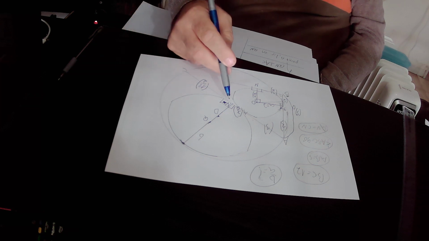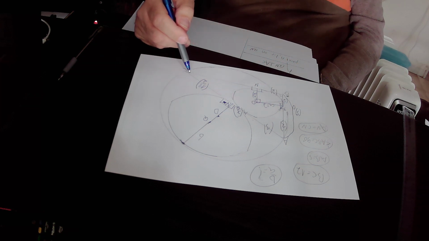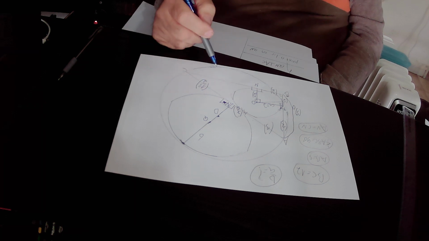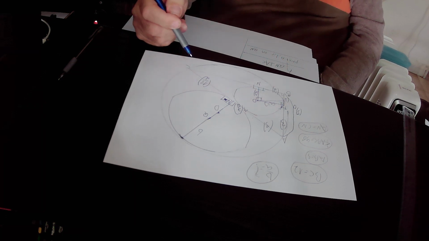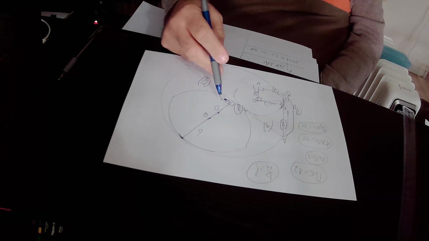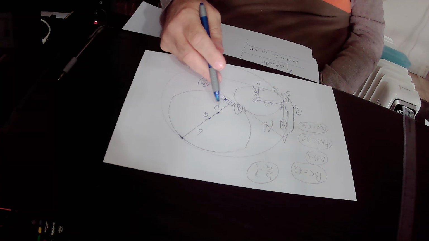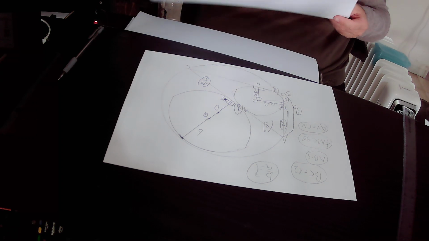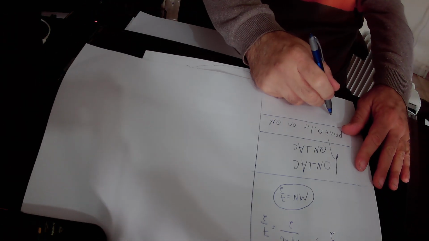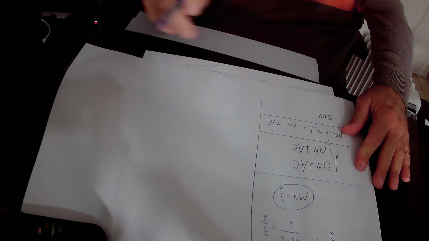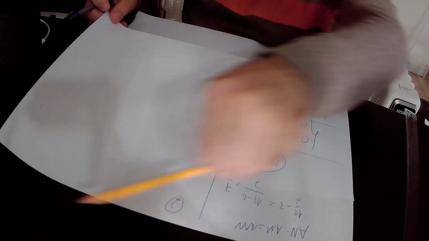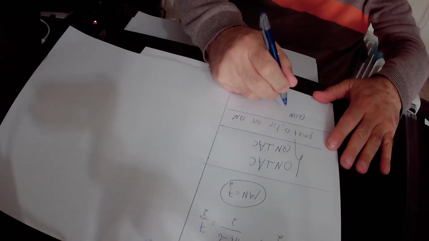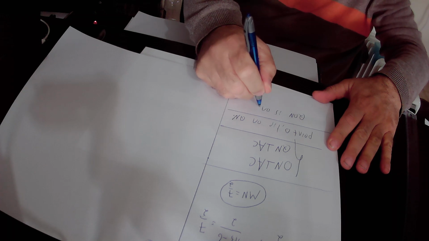In order that ON will be perpendicular to AC, it must lie on QN. Why? Because QN is also perpendicular to AC. So point O must lie on QN. If point O lies on QN, it means that QON is one straight line. Okay, line segment QON is one straight line.